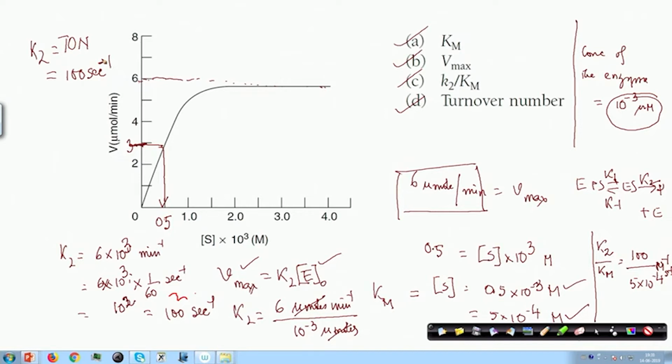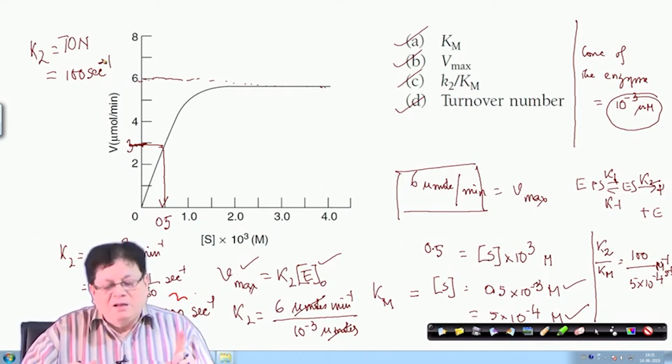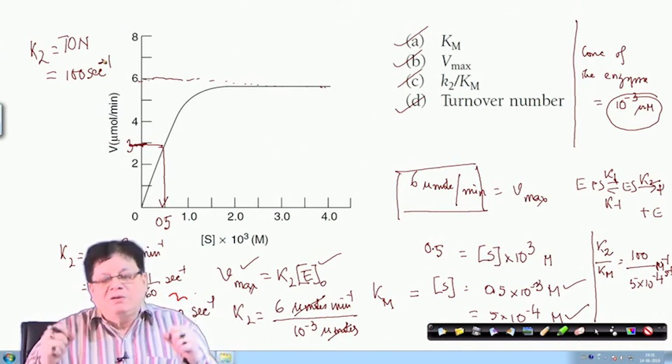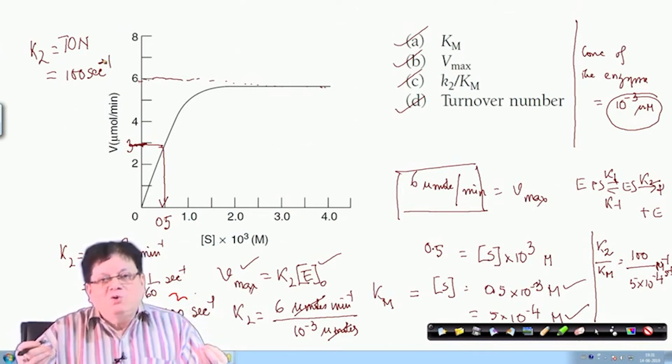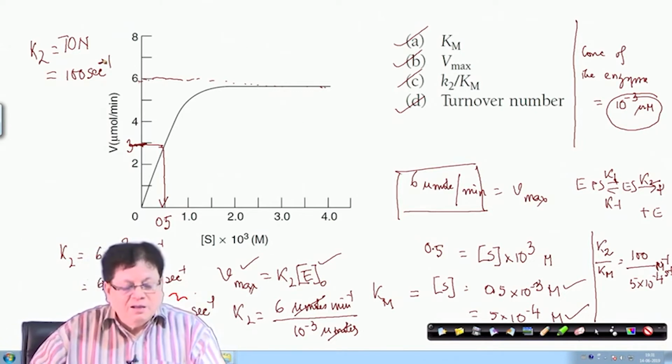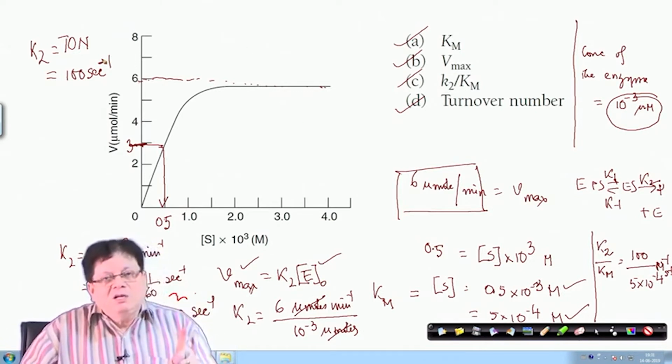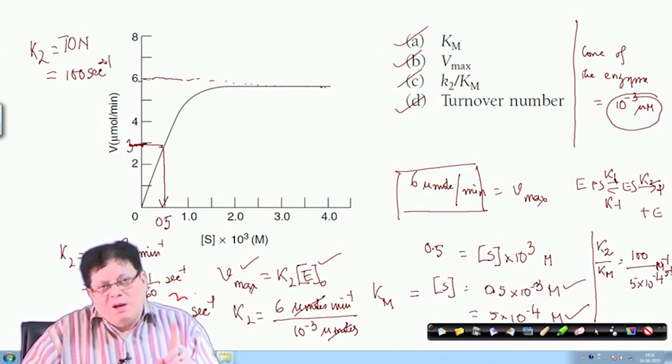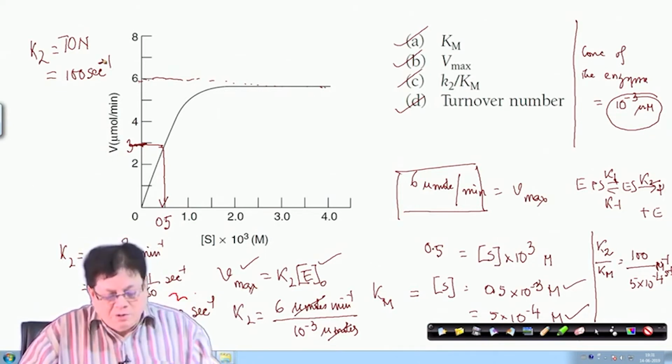There is one assumption, that the enzyme should have only one active site, because some enzymes may be in dimeric form and they can form two active sites. That is possible, so those are excluded. It is only the general case where we consider that each enzyme has one active site for the substrate to bind and then convert it into the product.